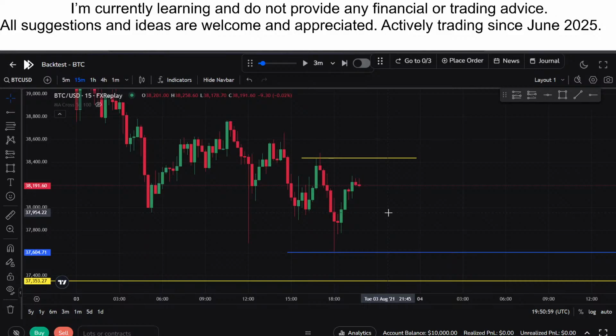Okay, we are in downtrend, and we could have taken a short position. If we had taken a short position, then we could be profitable, but we have not taken a short position. Why have we not taken a short position? Because I am not seeing any good entry point for taking a short position.